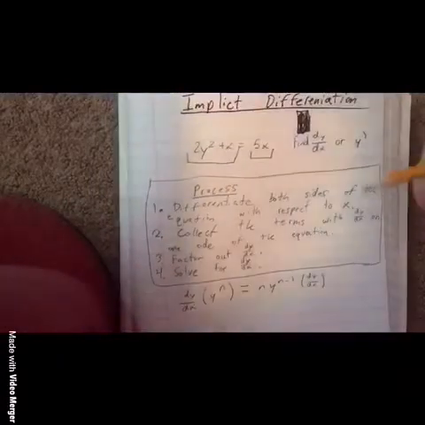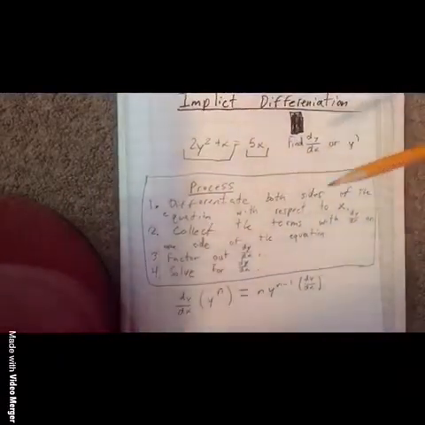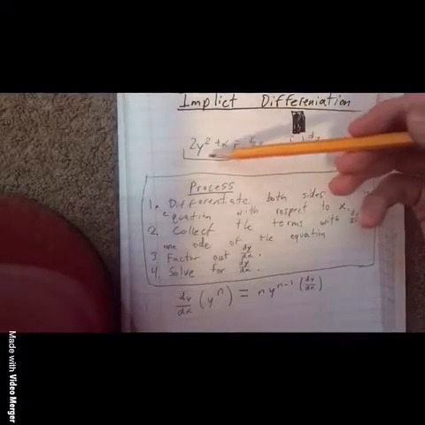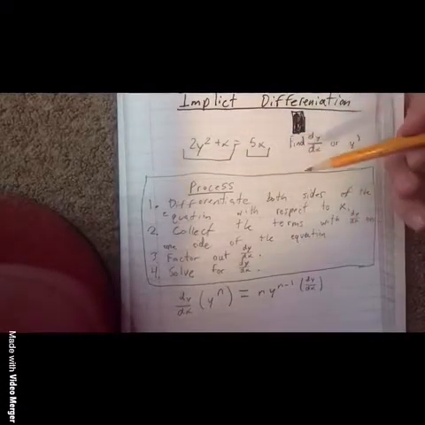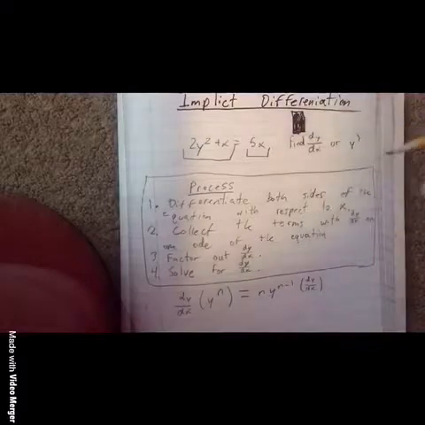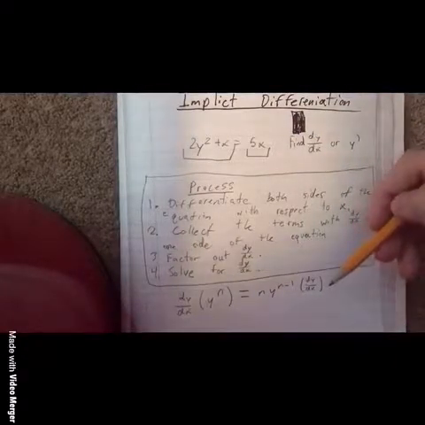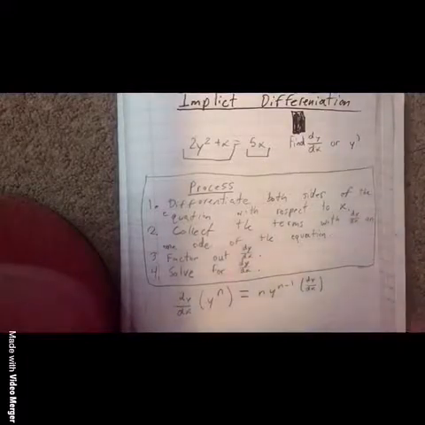The second thing you need to learn how to do is to find the derivative of a term with a y in it, such as 2 times y squared. What you basically do is treat the y as an x, and then multiply at the end by dy over dx, or y prime.